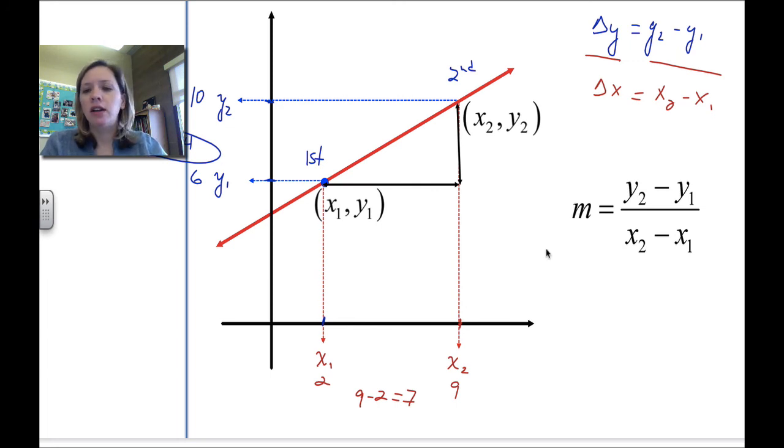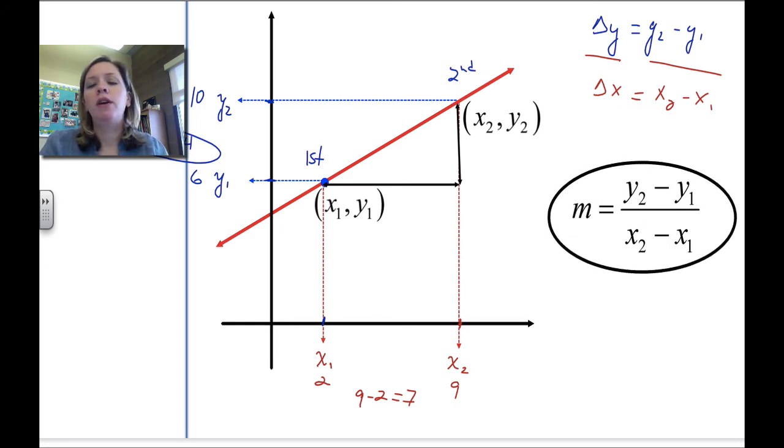That gives us our slope formula, which is represented right here. So maybe even write that down and put a circle around it. M is going to be the letter that we always use to represent slope. So our formula for slope is y2 minus y1 divided by x2 minus x1.